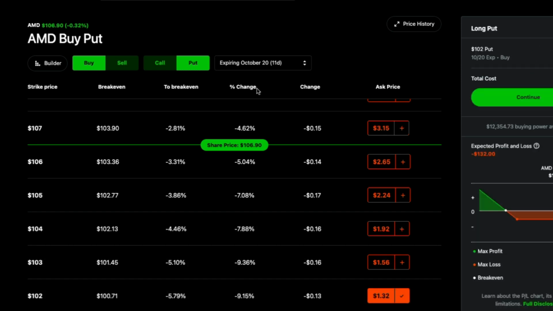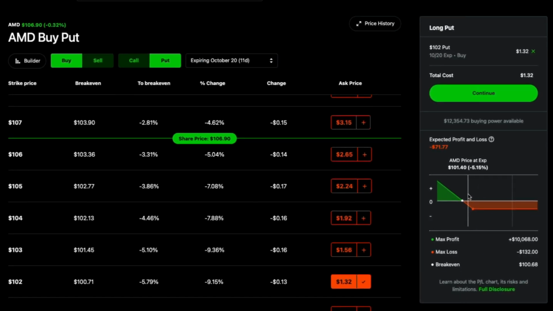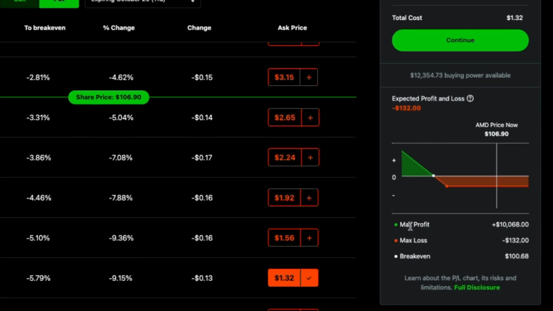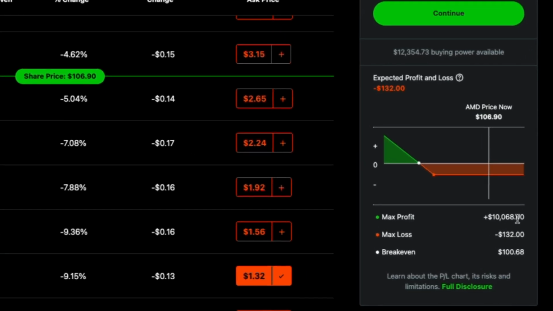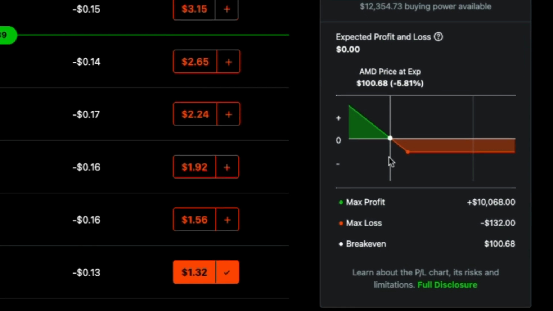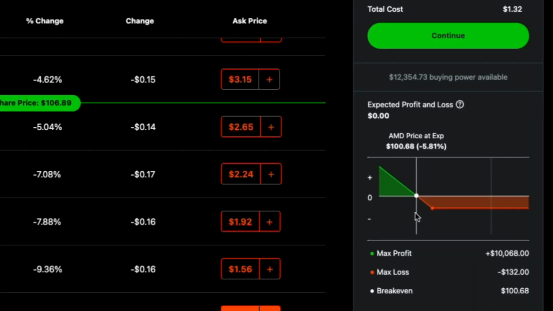On this you buy a put for October 20th, and if you look at the graph, it shows that you have a profit potential of 10,000. Why is that? Because it is calculating assuming AMD goes to zero. However, your max loss in this case is capped.